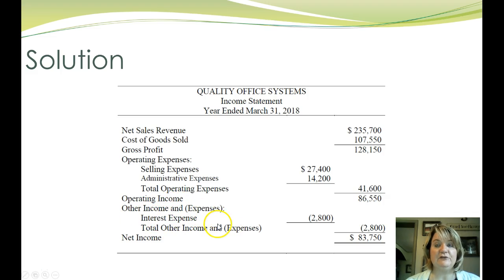This would include interest expense. So you subtract that here, $2,800. So you subtract that, and that gives you your net income, which is $83,750. So this is what a multi-step income statement looks like. It has the other income and expense section in it.